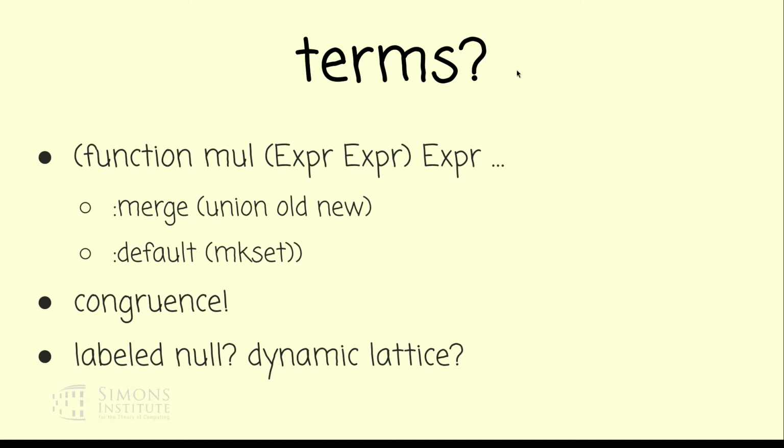Because say in the head of our rule we're multiplying A and B, and that has never been seen before in our database. We need to come up with a new name, a new labeled null called AB, that we can then down the road union with other things. How these labeled nulls in this dynamic lattice fit in with the lattice theory of Datalog is again something we don't have a very clear picture of.